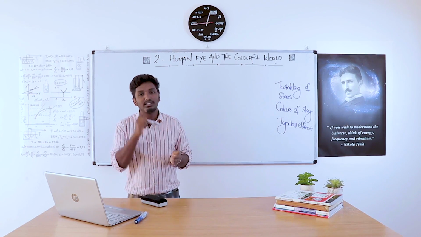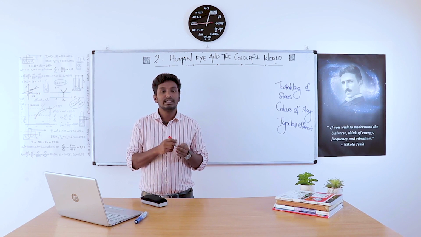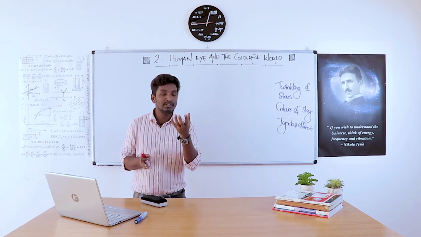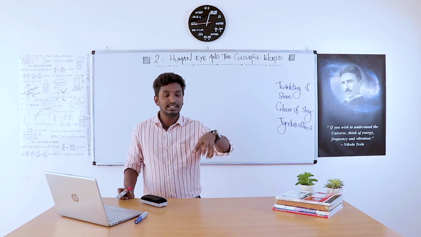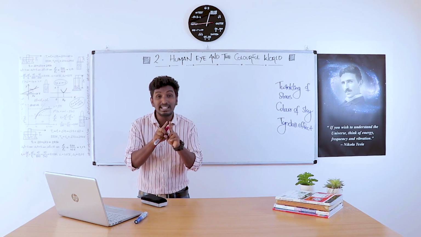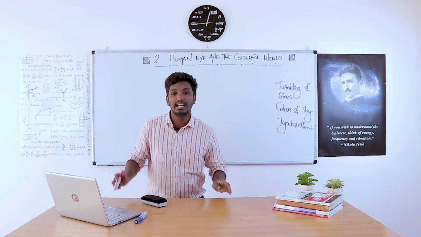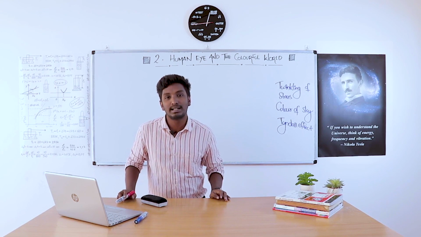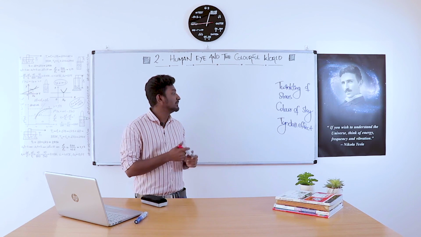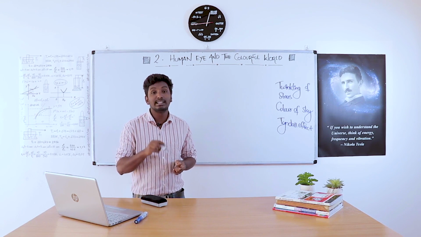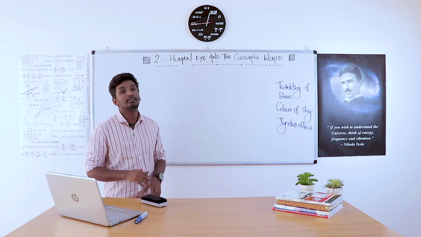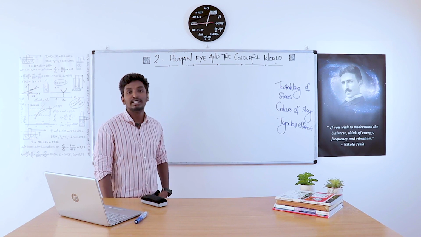When light is passed through a colloidal solution, it gets scattered by the colloidal particles. So we can simply say that scattering of light by colloidal particles is known as Tyndall effect.